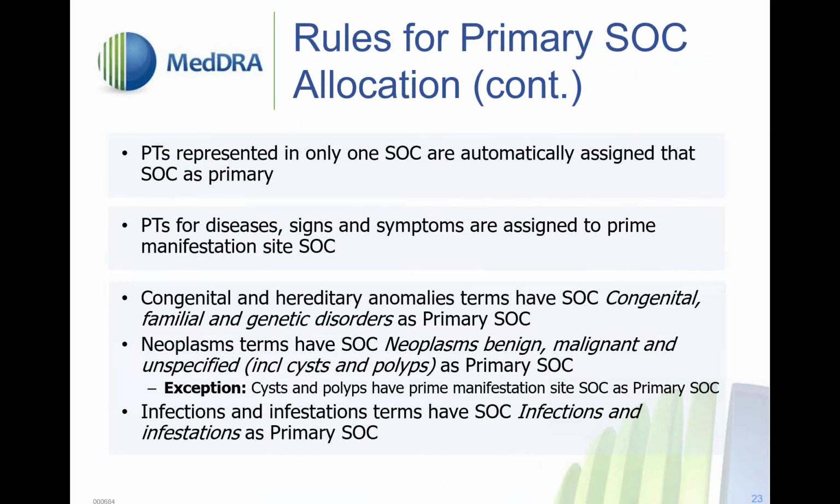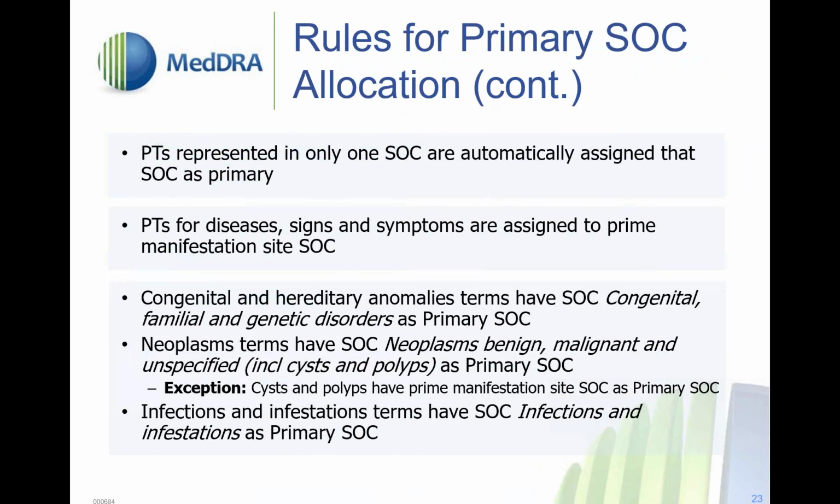So these three etiological system organ classes take precedence over all others. For example, skin cancer is a condition that affects the skin and it's a cancer. So skin cancer in MedDRA would route primarily to the neoplasm SOC and secondarily to the skin. That way, no matter what kind of cancers may result from a particular product, they're all lumped together.